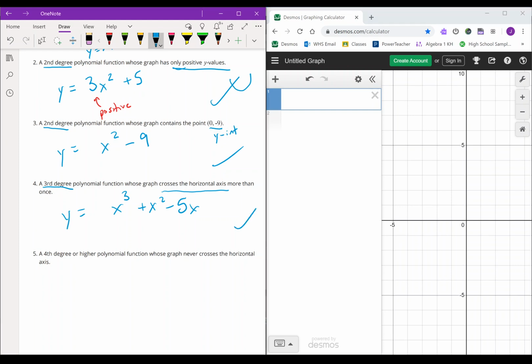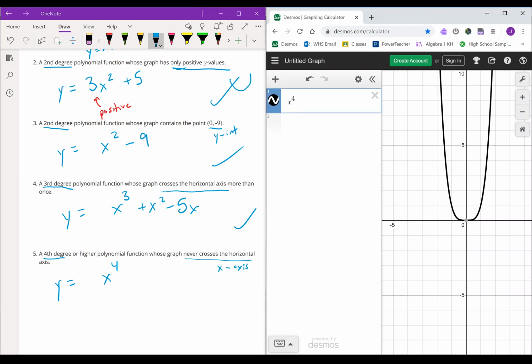Last one up. A fourth degree or higher polynomial function whose graph never crosses the horizontal axis. So fourth degree. So that means y equals x to the fourth. And I never want to cross the horizontal axis, so never crossing the x-axis. Okay, well, first of all, let's just see what x to the fourth looks like. X to the fourth.